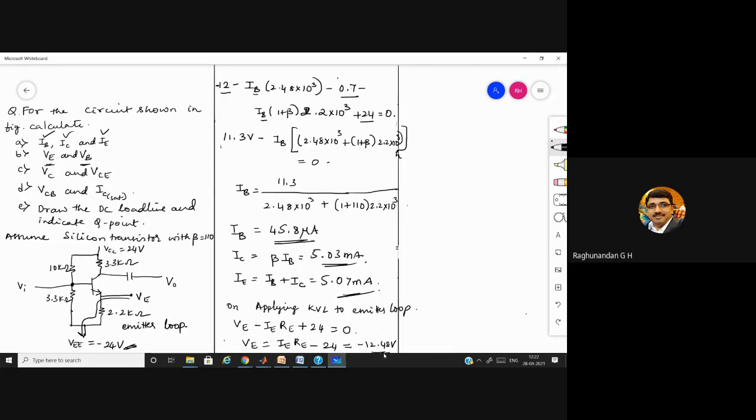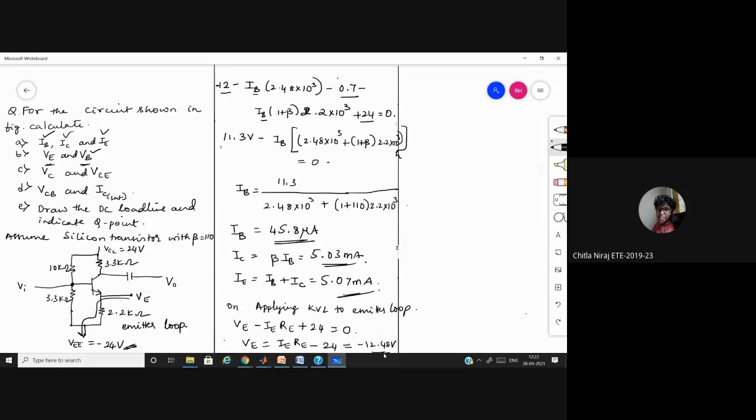Now the other thing is VB. So how do we find VB? We know that VBE equals 0.7, and VBE equals VB minus VE.